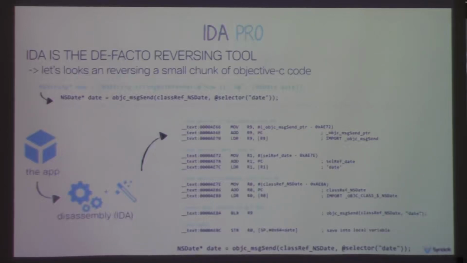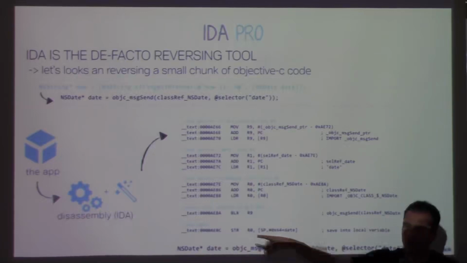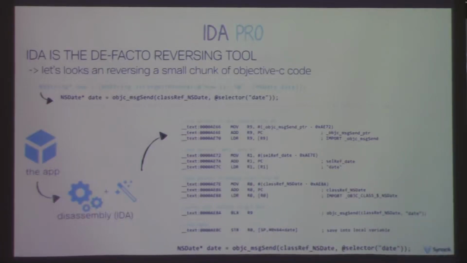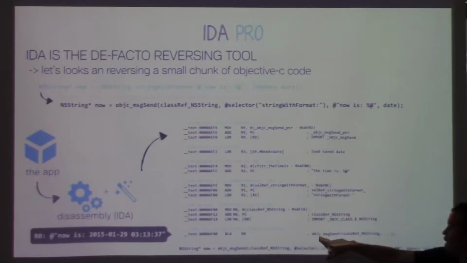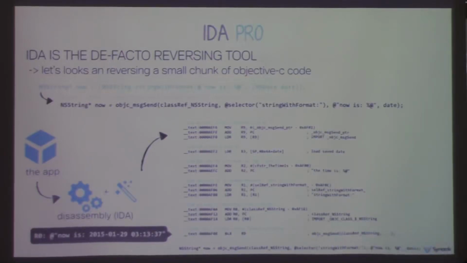And then the result of this function is stored in R0, which is important because the next snippet of code is formatting the date object into a string. So again, we start at the BLX R9. R9 is objc_msgSend. We look back into this assembly. We can see this time it's the NSString object, and we're passing it the stringWithFormat method.